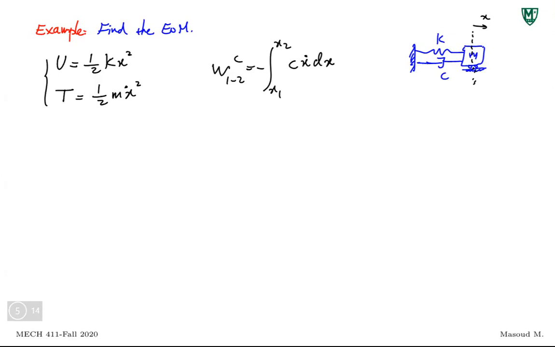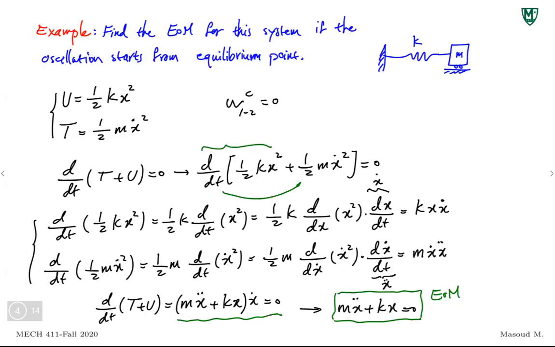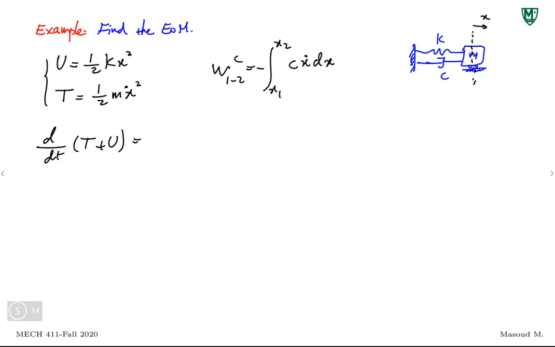Now, let me use what we got from before. We got m x double dot x dot plus k x x dot.